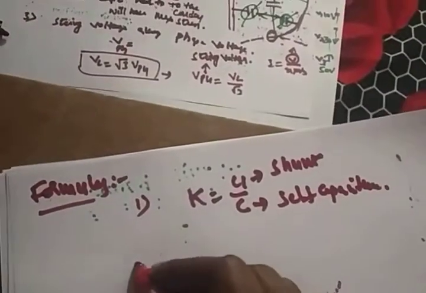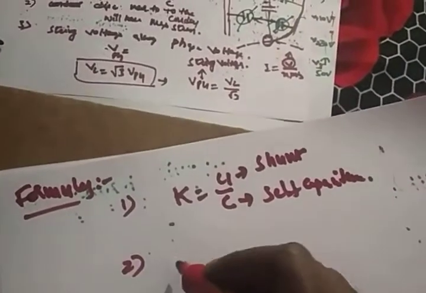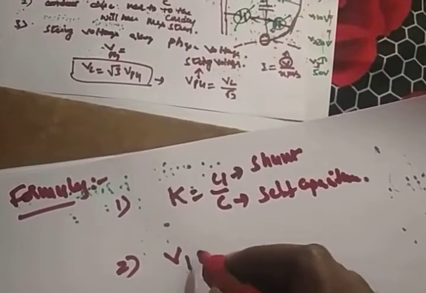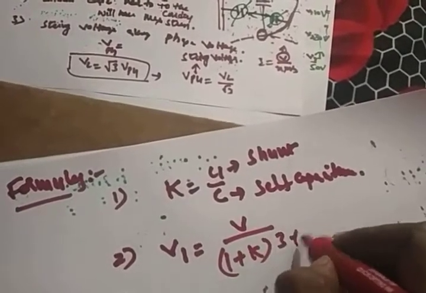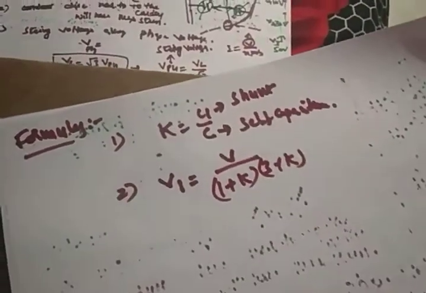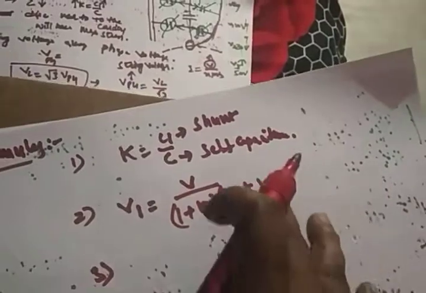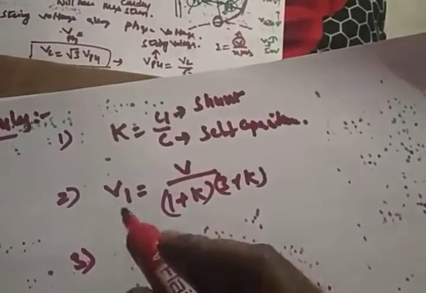Alright? And the second formula: what is V1? V1 is equal to V by 3 plus K. Very, very important, right? We already derived all these formulas, but I just want to give a brief summary while doing the problems. What is V2?